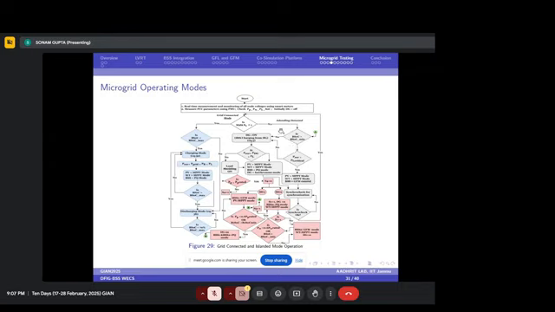Once islanding is detected and the battery state of charge is greater than the minimum, for which we have already set some range, it will automatically shift from the PQ mode to the grid-forming mode, and it will remain in the grid-forming mode till the grid is available, or till it reaches its minimum state of charge.